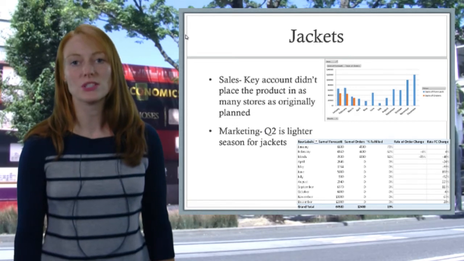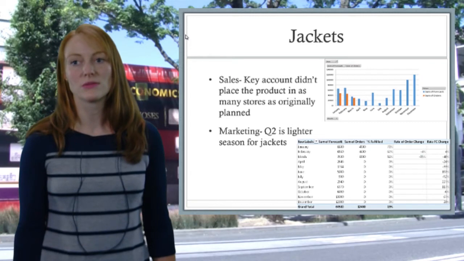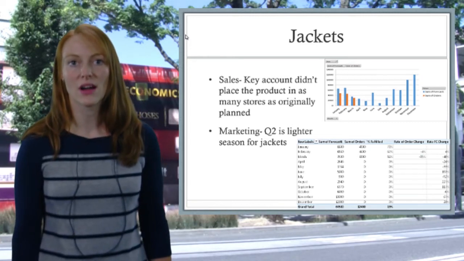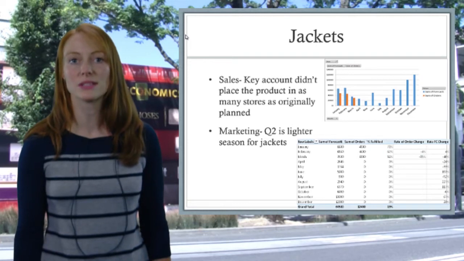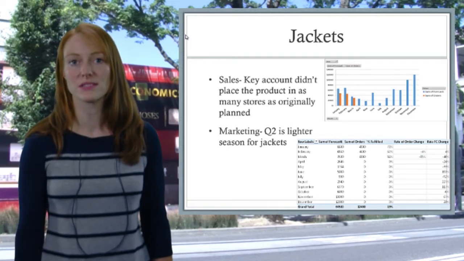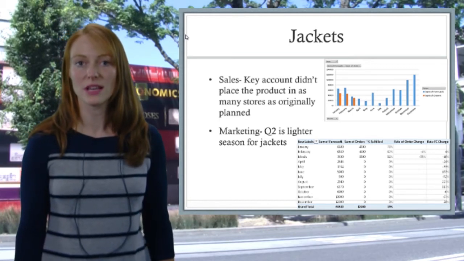So the next thing we want to do is have that qualitative conversation with our sales and marketing partners. When we talk to sales, we find out that a key account we had planned on placing the product didn't end up placing it in as many stores as originally was part of the plan.